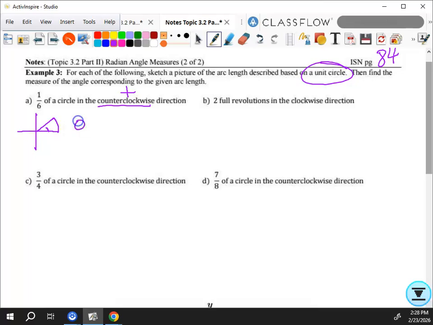But I don't want all of it. I only want 1/6 of that 2 pi. So that gives me 2 pi sixths, which is pi thirds. And my picture's off a little bit. My picture kind of looks like pi fourths, but it's fine.